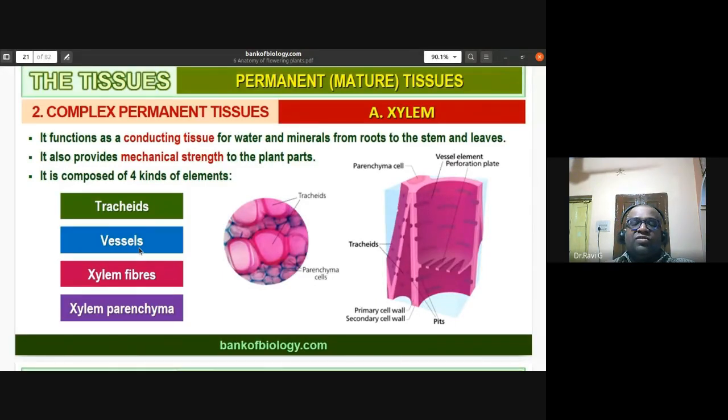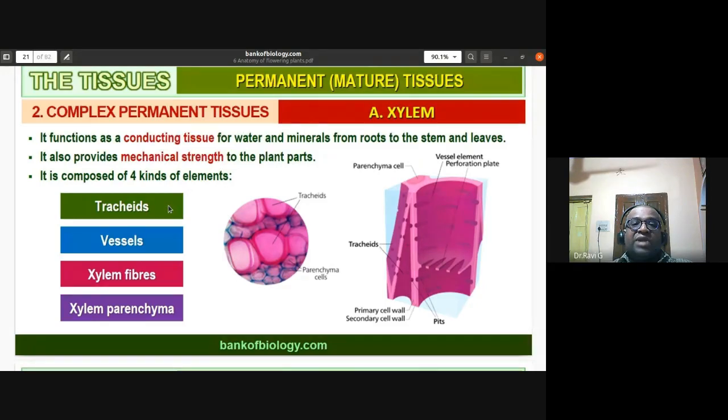As of now, the complex permanent tissues are of two types, xylem and phloem. Xylem functions as a conducting tissue for water and minerals from the root to the stem and leaves. Xylem also provides mechanical strength to the plant parts because fibers are associated with xylem, which we call xylem fibers. The xylem is composed of four types of elements.